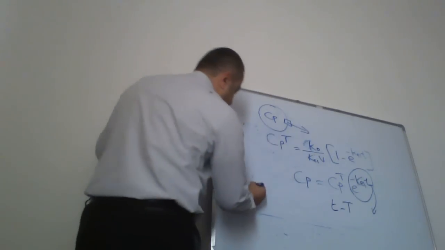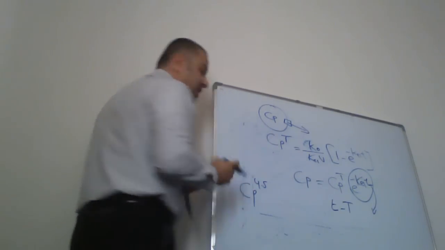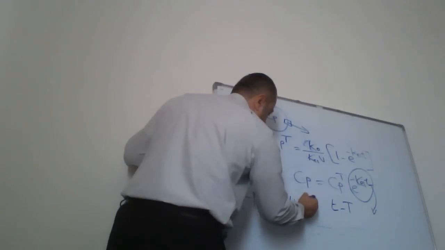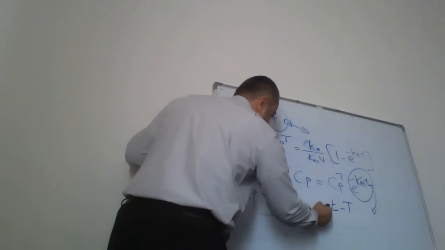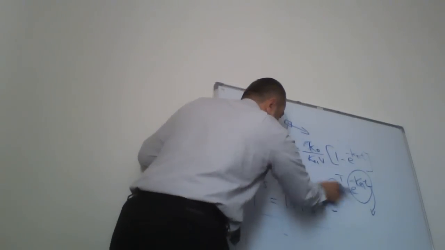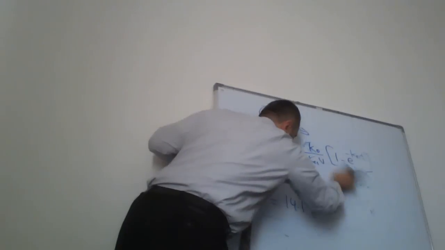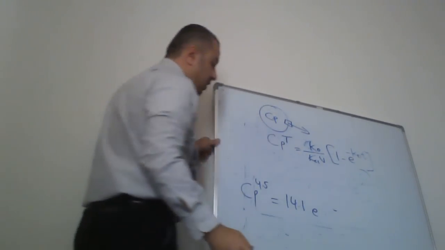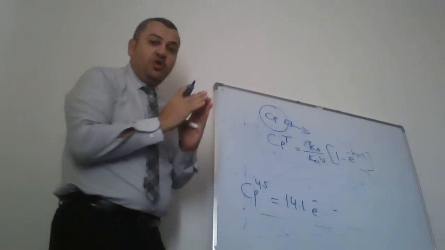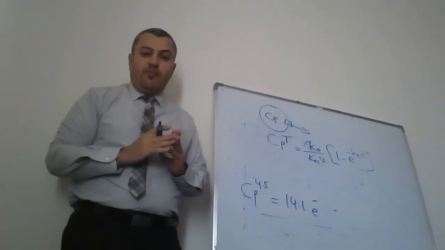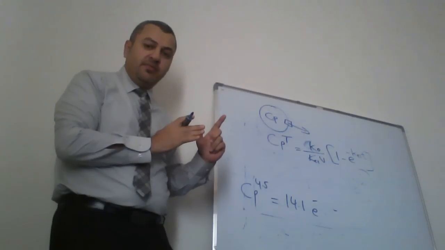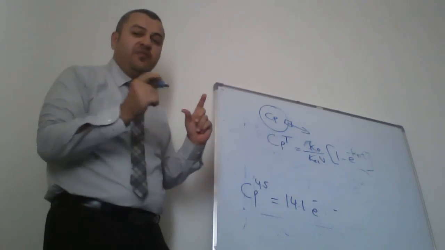So your CP at 4.5 hours from the start of infusion will be equal to CPT capital, which is 14.1, multiplied by e to the power of minus Kel T. But what is this T? Here 4.5? Is it 4.5 or 4? If you want to use the time from the stopping of the infusion, then it's 4 hours. If you want to use 4.5 hours from the start of infusion, then you will have to use T as 4.5 minus half.